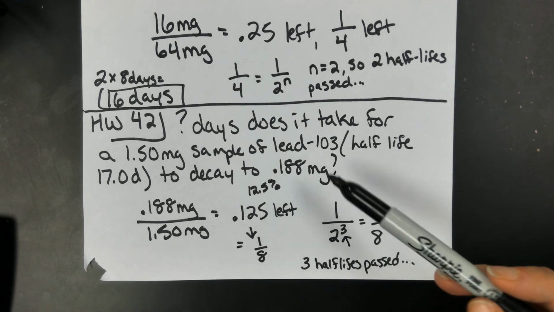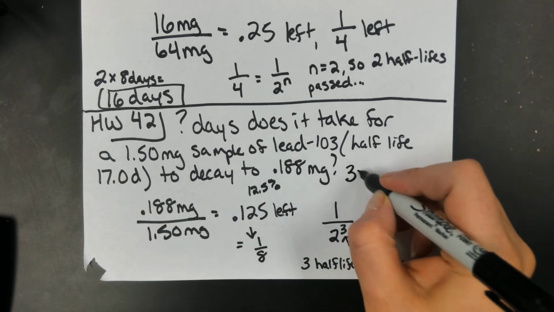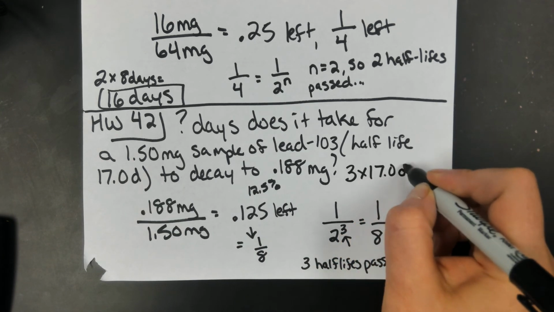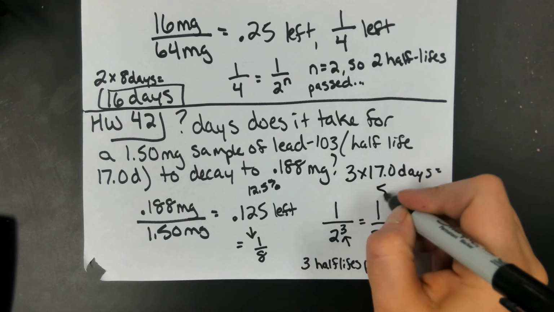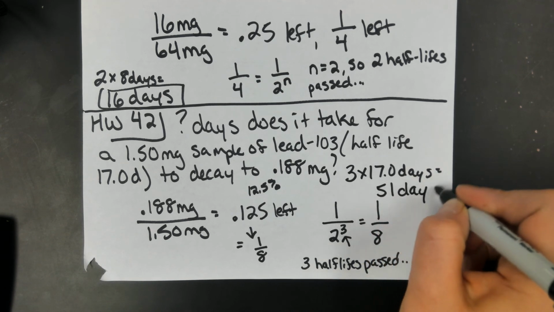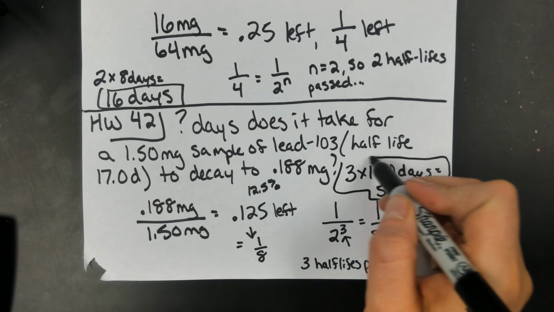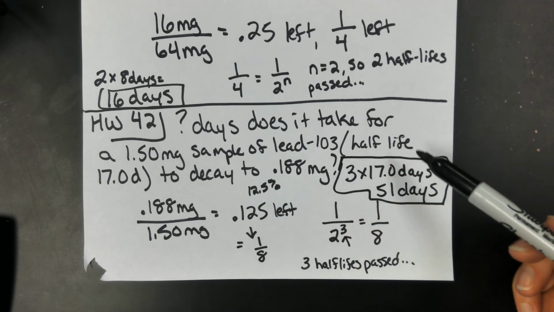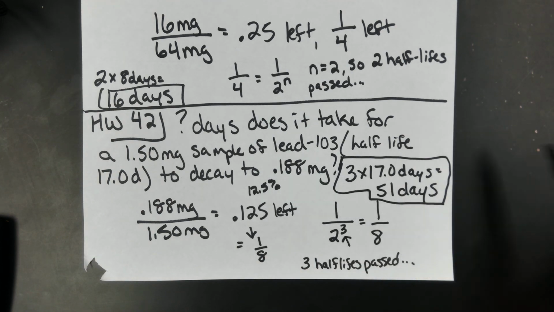If each half-life is 17 days, that's 3 times 17 days. So 3 times 17, that's 51 days to go from 1.5 milligrams to 0.188 milligrams.